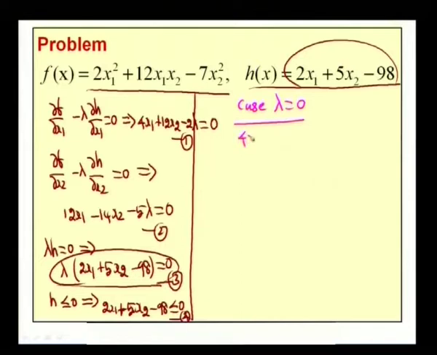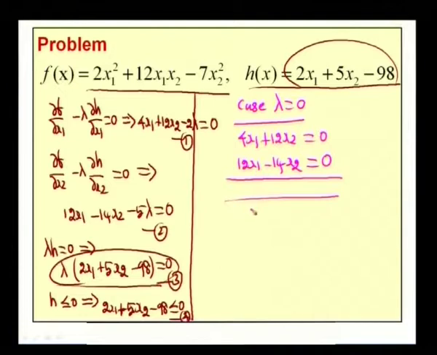We have 4x1 plus 12x2 equal to 0, and equation 2 becomes 12x1 minus 14x2 equal to 0. By solving these equations, we get x1 equal to 0 and x2 equal to 0. Therefore, the solution for the case lambda equal to 0 is x1 equal to 0 and x2 equal to 0.